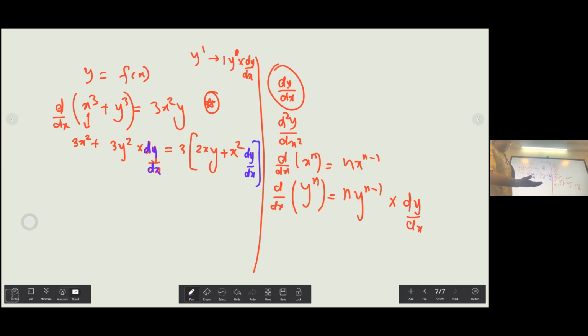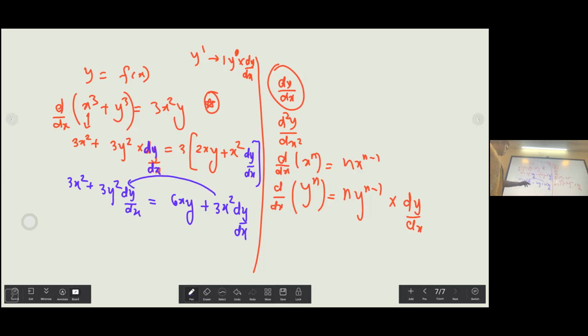Now, to make dy by dx the subject, you open up the bracket, so it becomes 3x squared plus 3y squared dy by dx equals 6xy plus 3x squared dy by dx. Now you take dy by dx to one side, so you get (3y squared minus 3x squared) dy by dx equals 6xy minus 3x squared.